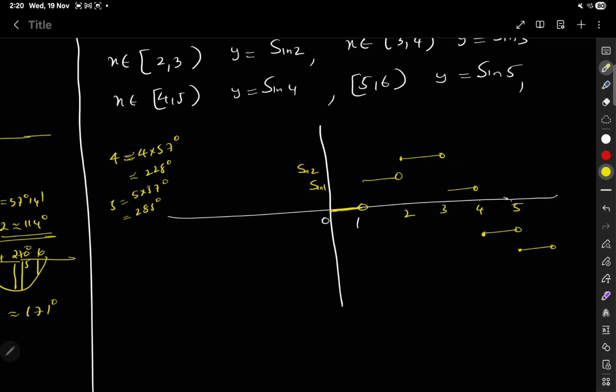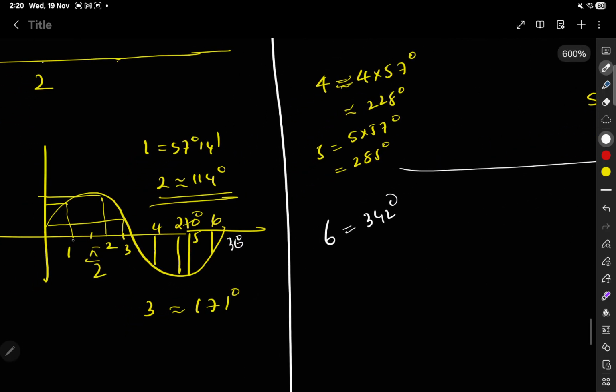Then sine 5 to 6. This is 6. At 6, what is sine 6? 6 we should find. 6 is 285 plus 50, which is 330. 330 plus 12, 342. So closer to 360. So 1, 2, 3, 4, 5, 6.